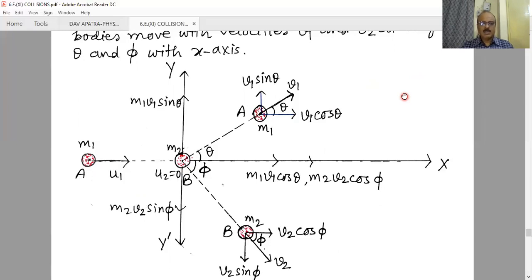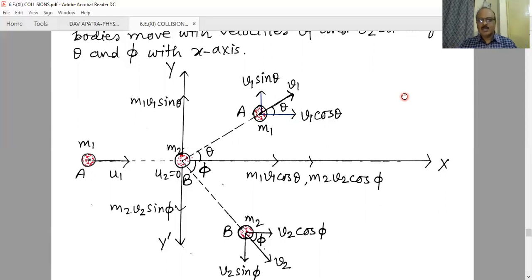Because momentum is a vector quantity, we consider its components: momentum before and after the collision along the x-axis is conserved, and along the y-axis is separately conserved. So we will have two equations, along the x-axis and along the y-axis. In a three-dimensional collision, we would get three equations, along x, y, and z. Here we are considering a two-dimensional collision.